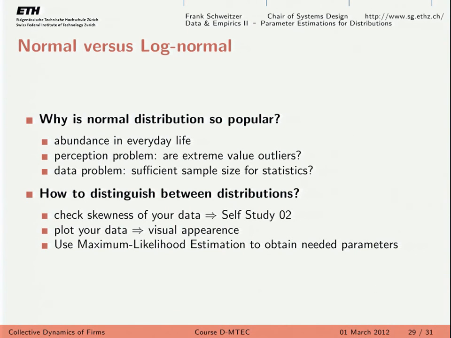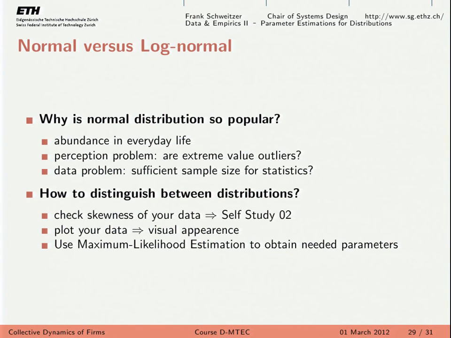And then everything that didn't fit into the normal distribution was then considered an outlier. Now we know that the power law and the log normal distribution are as frequently observed as the normal distribution. That means if you observe these outliers to the normal distribution, this can be well fitting parameters that fit into the log normal or the power law distribution, right? So that is the important thing.